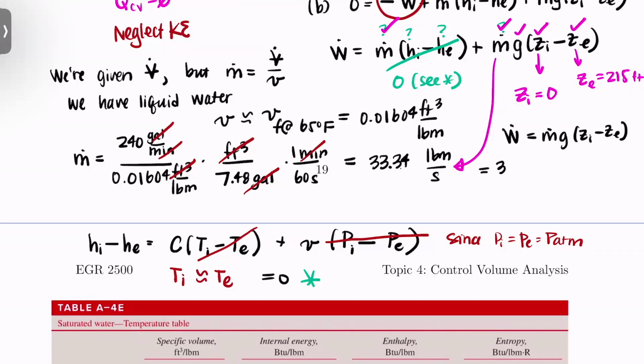So we have 33.34 pounds of mass per second times 32.2 feet per second squared times minus 215 feet, which gives us minus 13 horsepower. All right, so this means that it's work input into the system, which we would expect, right? You have to put work into a pump to drive the water up in elevation. So that checks out.